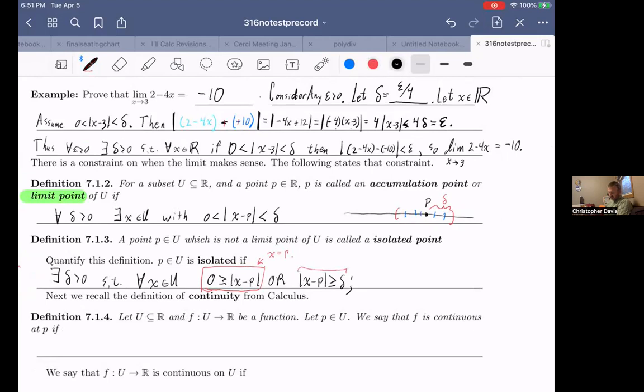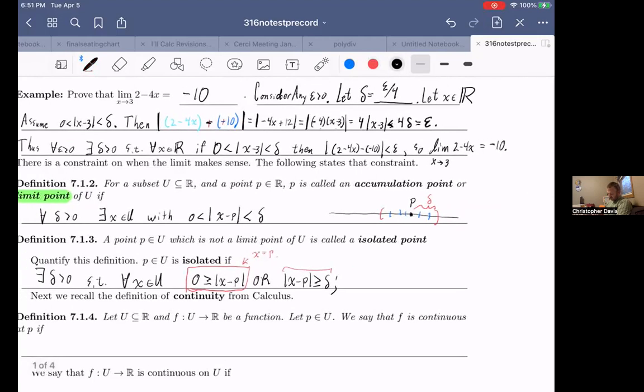So phrasing this again, an equivalent definition. There exists a delta bigger than 0 such that the only x in U with absolute value of x minus p less than delta is x equal to p.